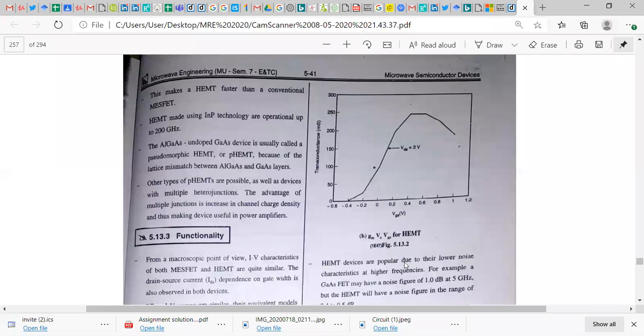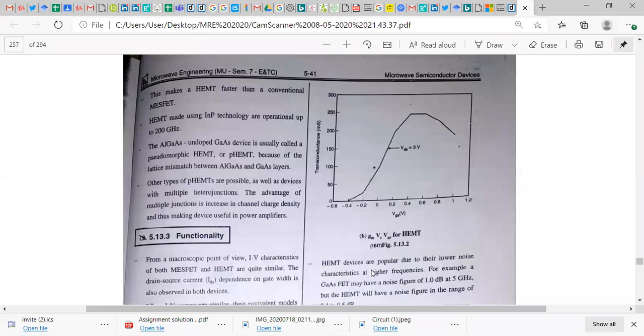HEMT devices are popular due to their lower noise characteristics. Noise is very low compared to a general FET. BJT is very noisy, FET is less noisy, and HEMT is very low noise compared to FET and BJT.